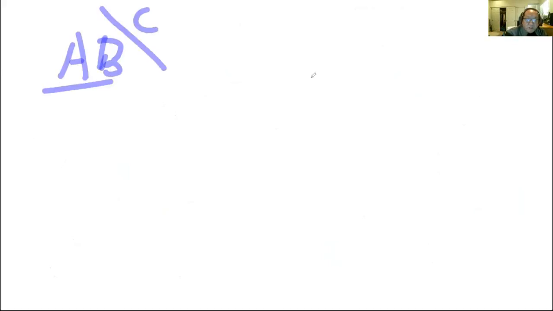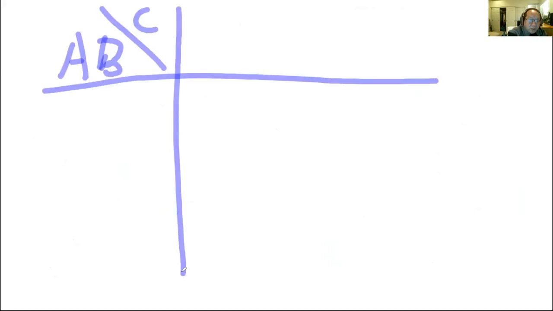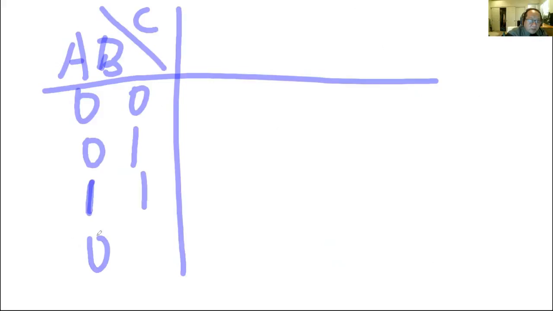Let's look at something bigger for the truth table. So, for example, if we had A, B, and C, I draw it down as this. Here I have C, and C can have 0 and 1.